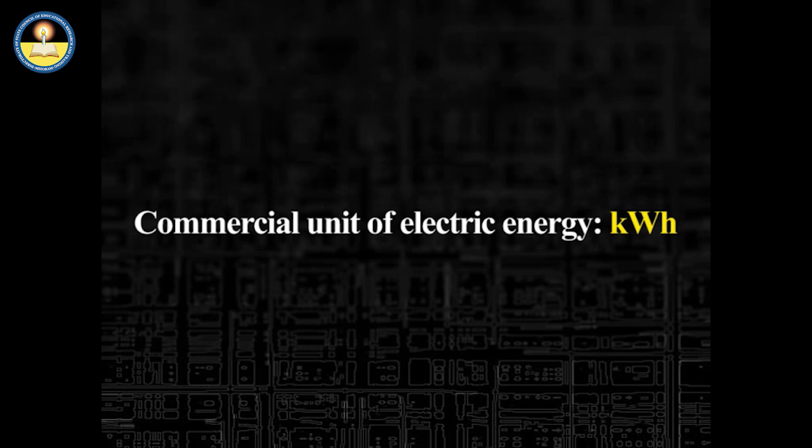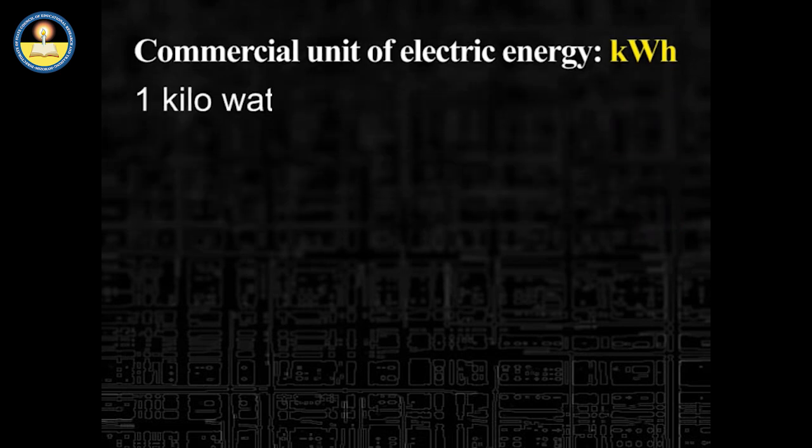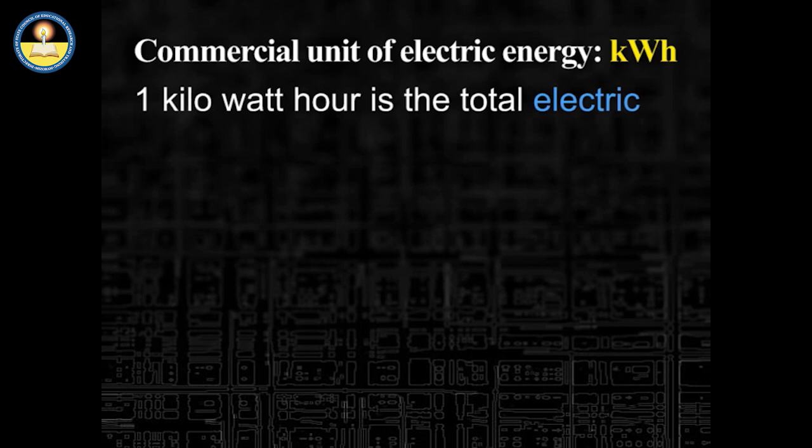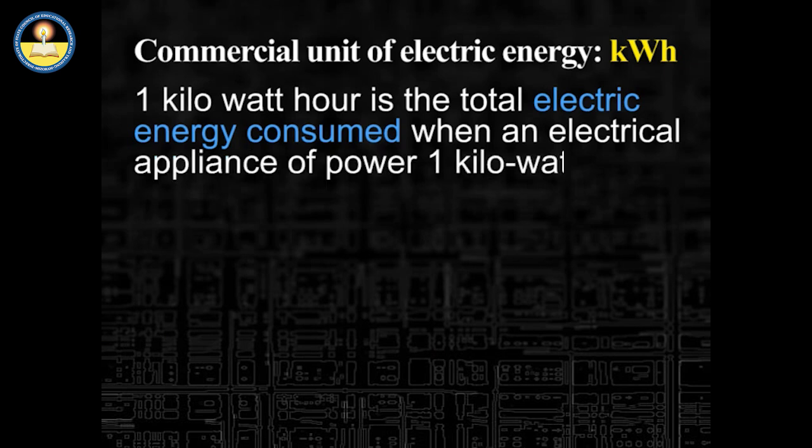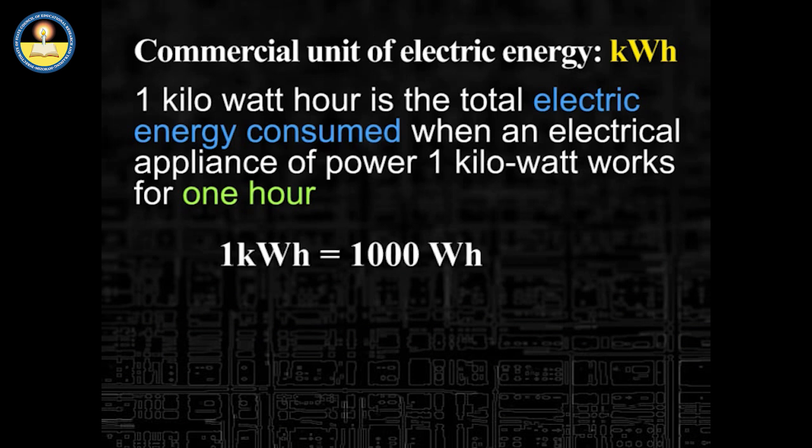Further, the commercial unit of electric energy is called kilowatt-hour. Thus, it can also be said that 1 kilowatt-hour is the total electric energy consumed when an electrical appliance of power 1 kilowatt works for 1 hour. 1 kilowatt-hour is also equal to 1000 watt-hours.